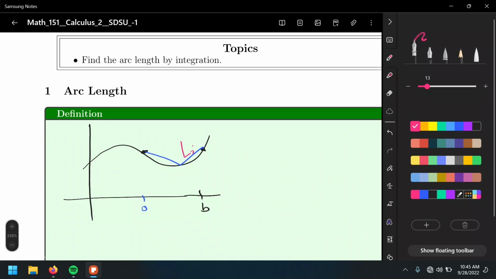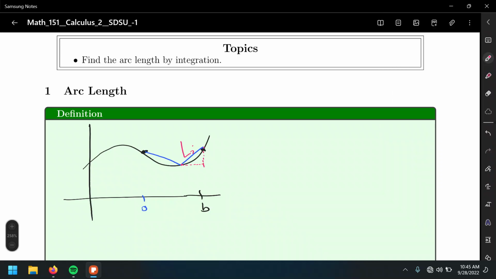Now, in this case, think of this line right here. To go from this point to that point actually requires some motion in the x direction and some motion in the y direction. How about this change in the x direction? Let's call it delta x sub i.